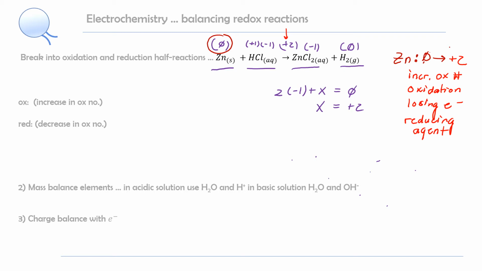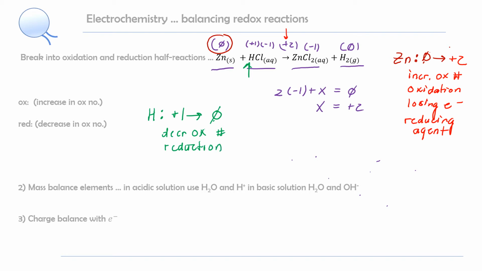All right, next analysis. What is happening to hydrogen? Hydrogen is going from an oxidation number of +1 to 0. That is a decrease in oxidation number. Therefore, it is undergoing reduction.